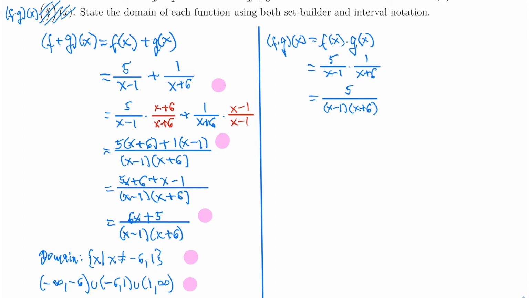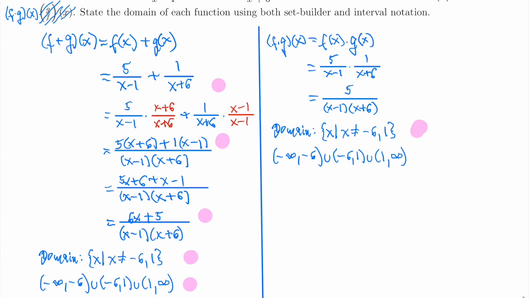But at this point that is all there is, and we will again look at what our domain is. Again we have to take into account that x cannot be 1 and x cannot be negative 6, and we're writing it again in both set builder notation as well as interval notation.